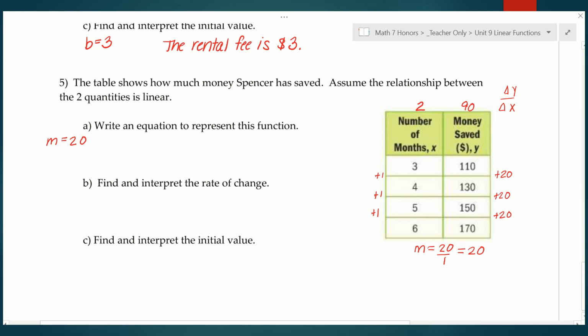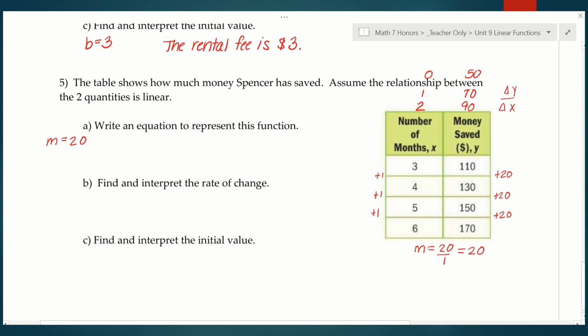And then I can do it again. How much would he have in his account after 1 month? So if I go back $20, he'd have $70. And I have to go one more time. At the start of his saving, he had $50 because I, again, subtract 20. Okay?